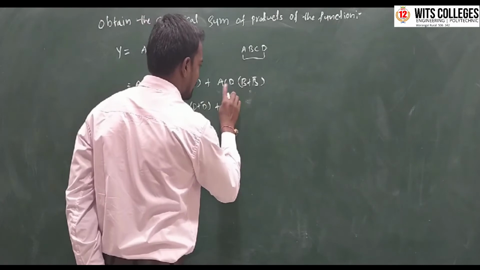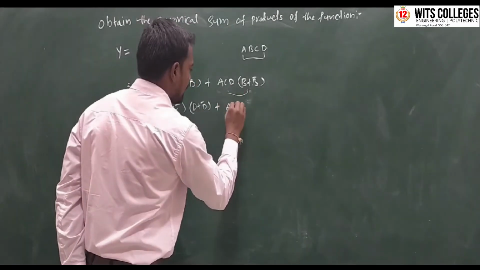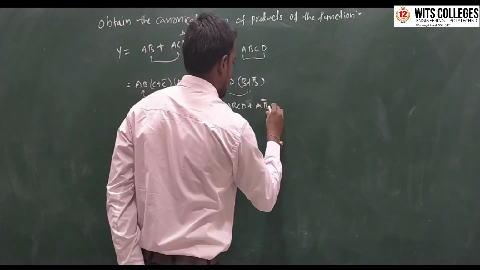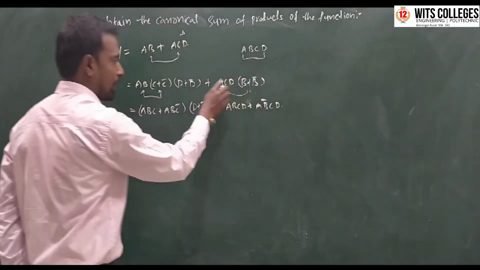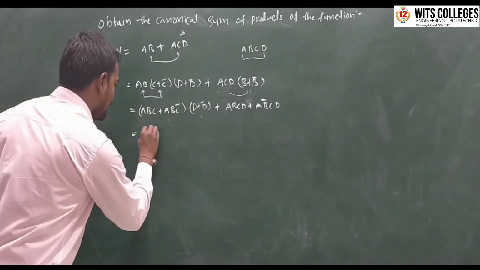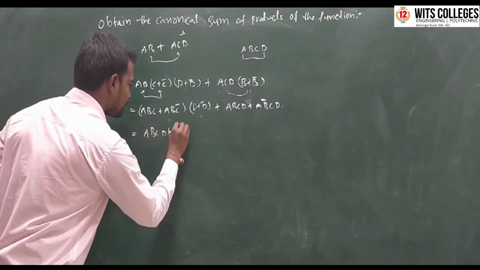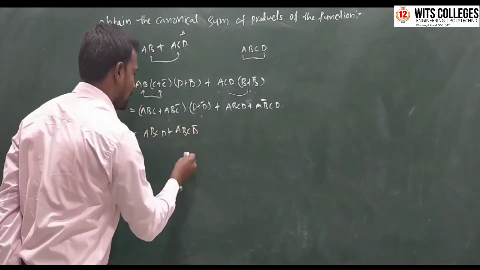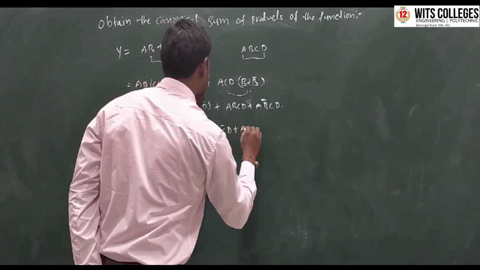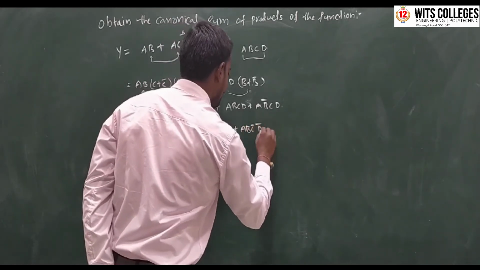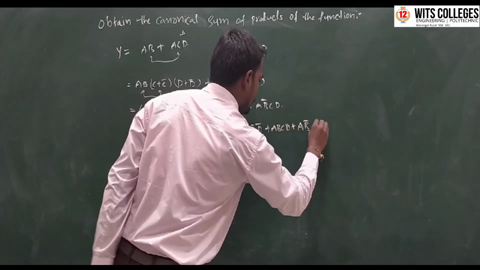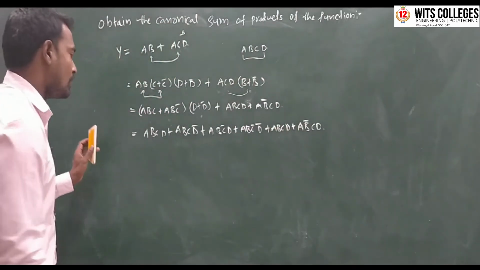Plus, multiplying these two terms, we will get A B C D plus A into B bar into C D. Multiplying these terms with D plus D bar, we will get A B C D plus A B C D bar plus A B C bar into D plus A B C bar into D bar plus A B C D plus A into B bar into C D.